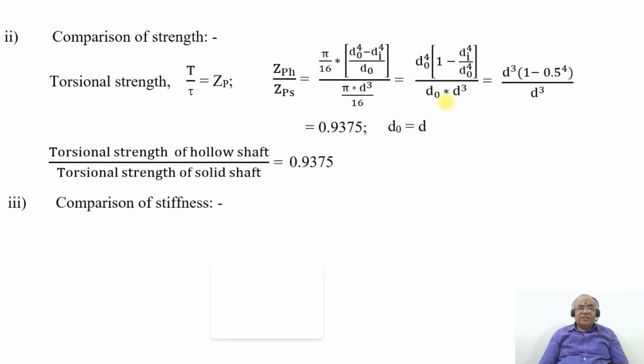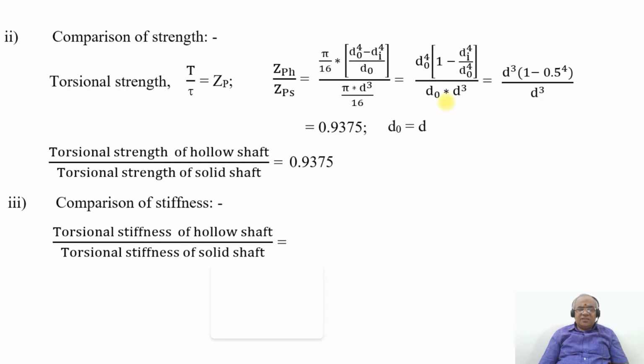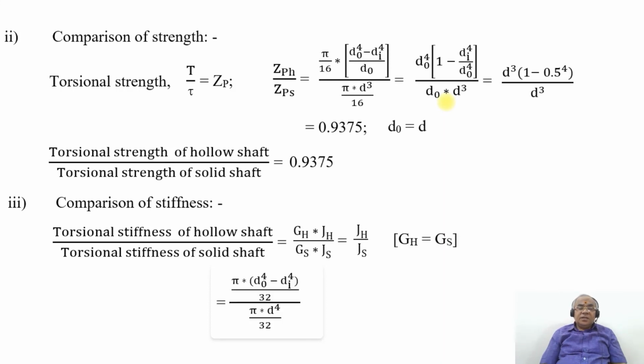Similarly, the comparison of stiffness. That is, the torsion stiffness of the hollow shaft divided by the torsion stiffness of the solid shaft, which is GH into JH over GS into JS. As we know that GH will be equal to GS, it cancels, therefore the ratio is JH by JS. The polar moment of inertia of the hollow shaft is pi by 32 into D naught to the power of 4 minus Di to the power of 4, divided by pi d to the power of 4 by 32.